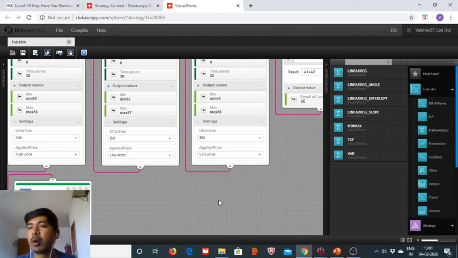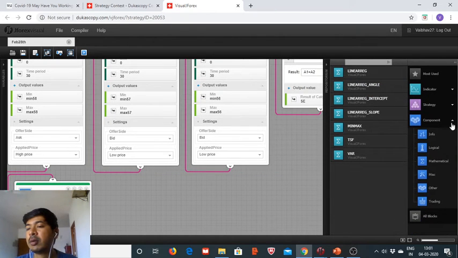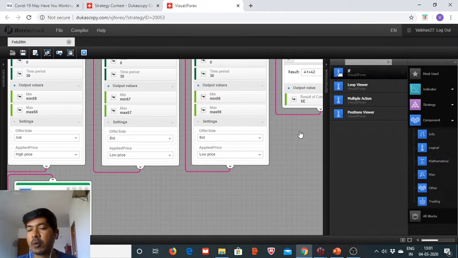And now let us bring in the if blocks. We will need 2 if blocks, trading, logical if blocks.